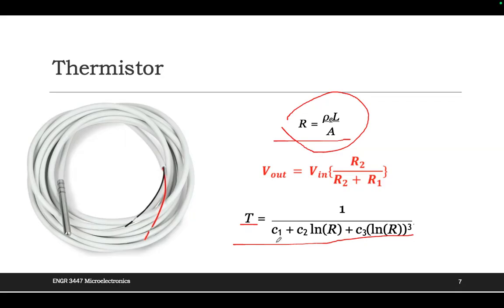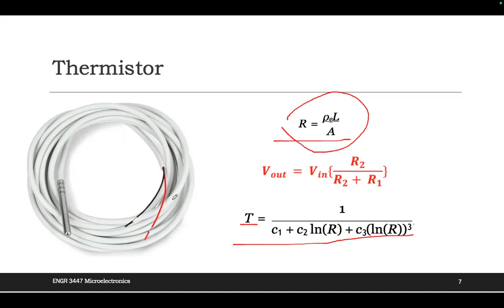If you want to define the relationship between the temperature and the resistance, you just use that equation. So if you want a certain resistance, you can. I think you got the point.